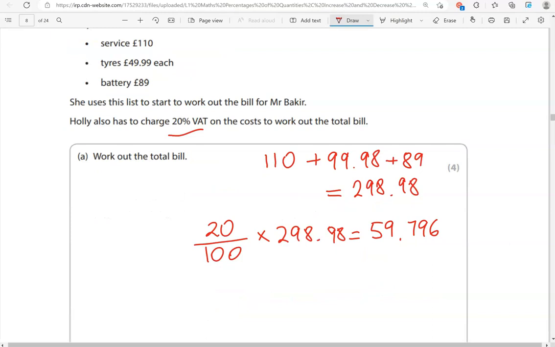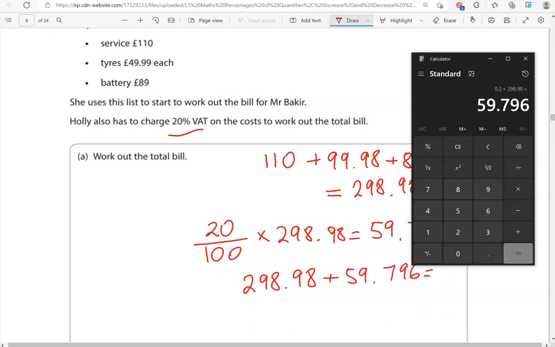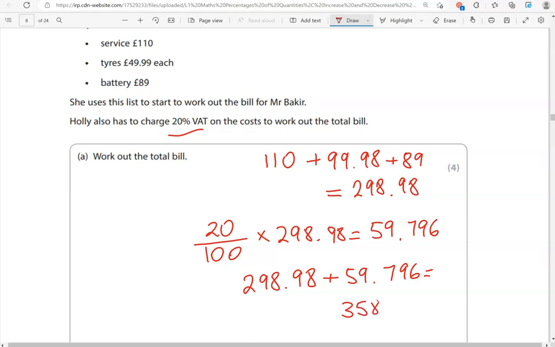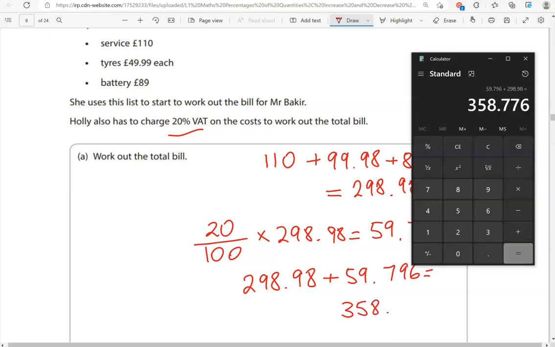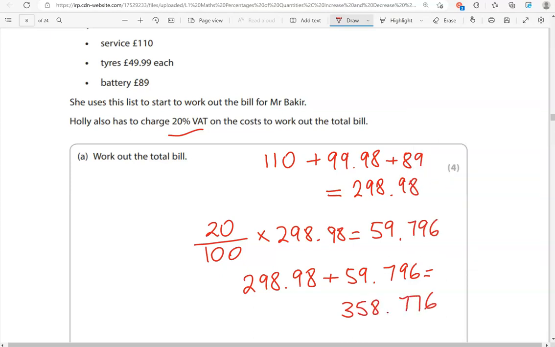So we're going to add that on top of the £298.98. And that gives us 358.776.